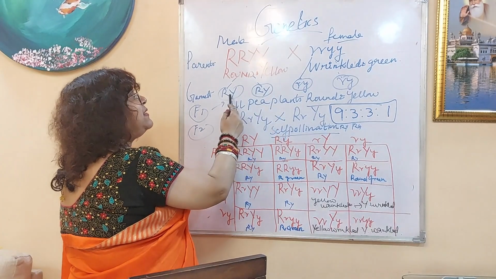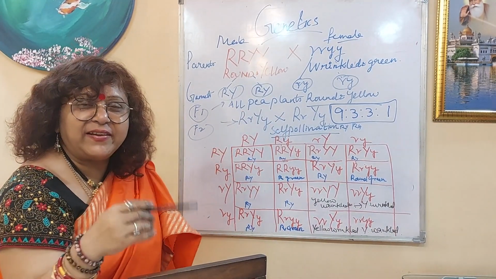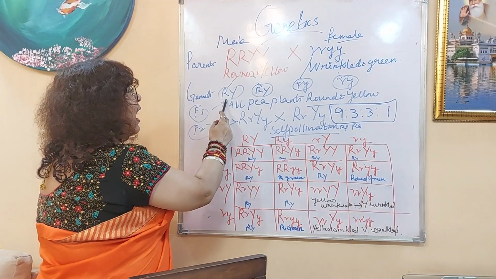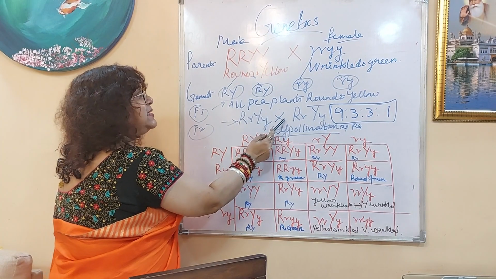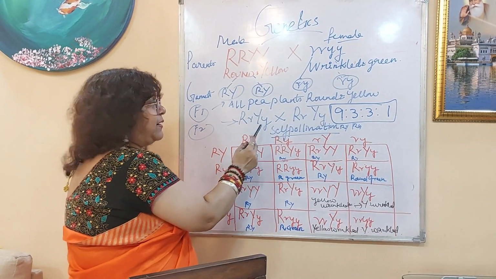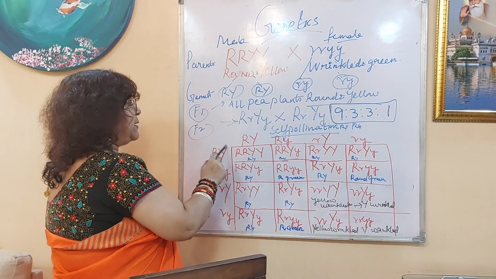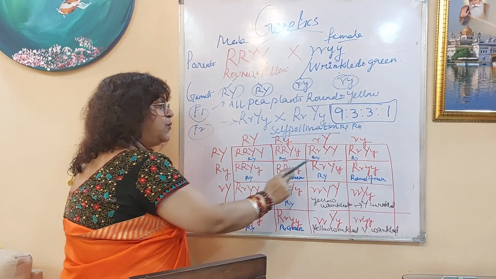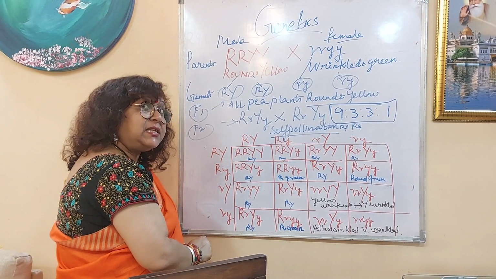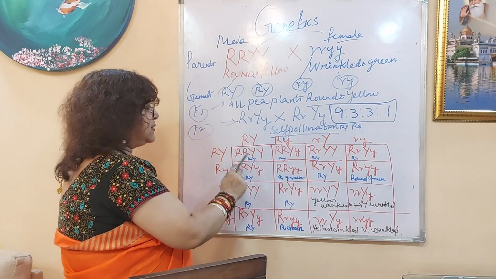Now we have to go for the F2 generation, that is selfing. So RrYy is selfed with the same type of plant. This and this, very important. Then, third step, we go for the Punnett square. Always remember, here you have to draw 16 squares. In monohybrid, there were 4 squares. How?